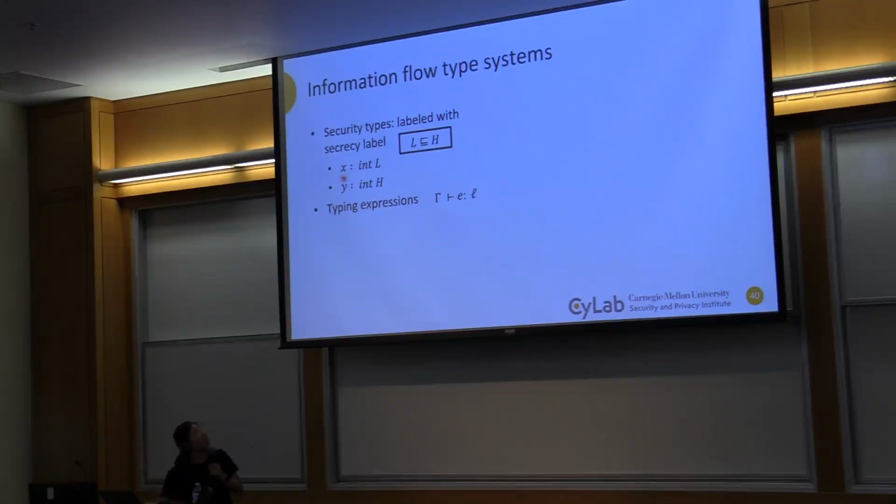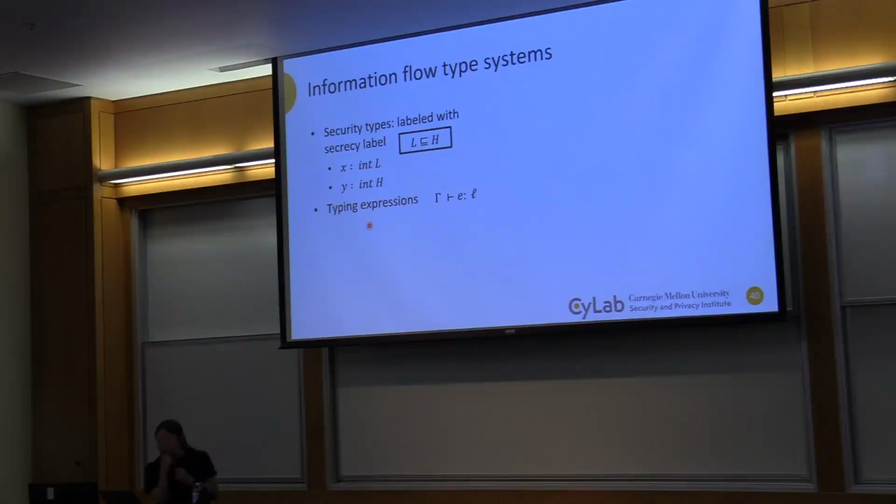For example, I say x has type int low, meaning x stores an integer that does not contain a secret; anybody can see that. And y has type int high, meaning y is a variable that stores a secret value. That's an interpretation of the variables. So I have two kinds of typing.